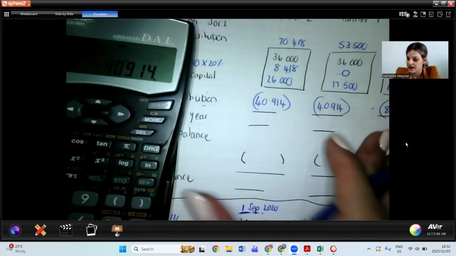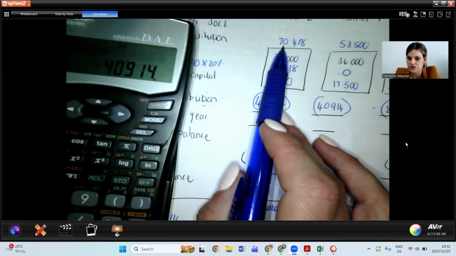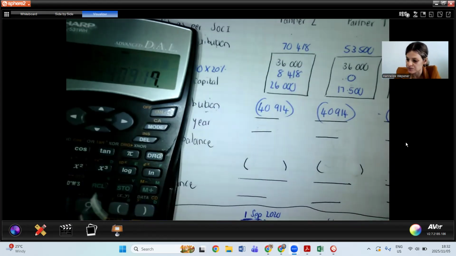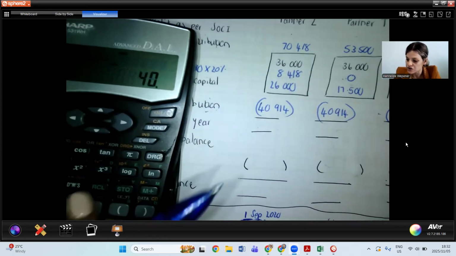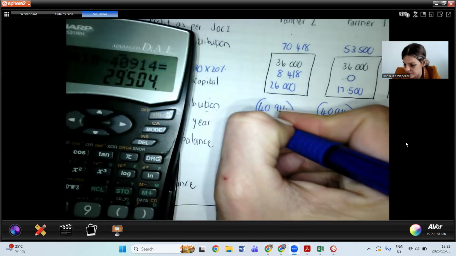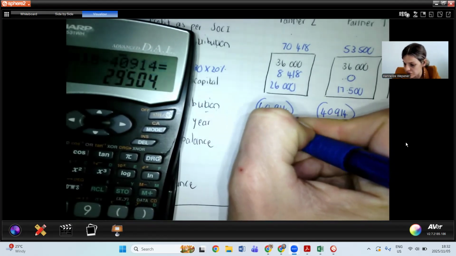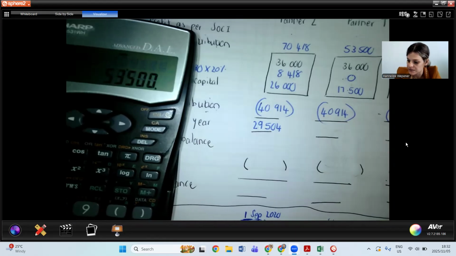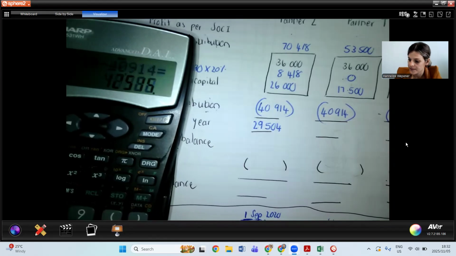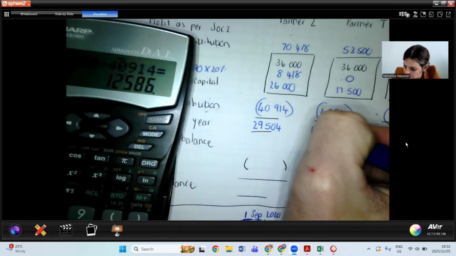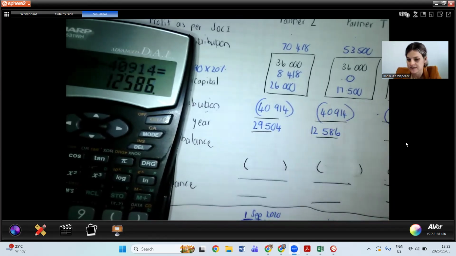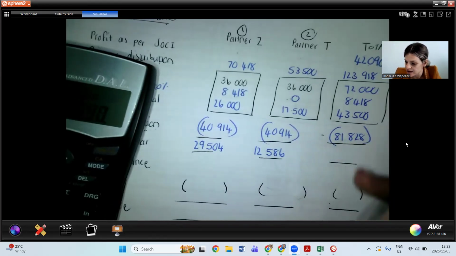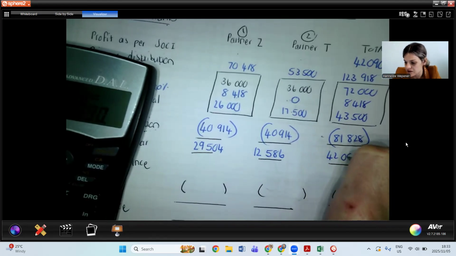Okay, so then your primary distribution plus, or then minus in this case, your final distribution gives you the partner's total earnings for this year. 29,504 for the one, 53,500 minus 49,114, and that is 12,586. So now if I add these two together, I should get back to my profit as per SACI.